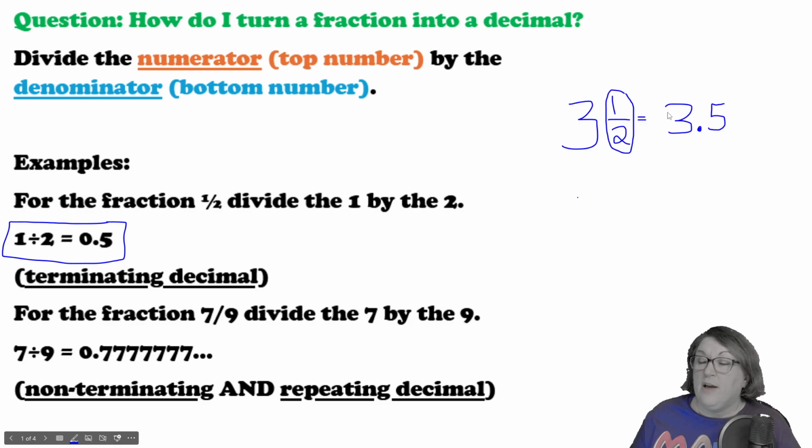So be aware of mixed numbers as well, and don't get confused by them. Just take that whole number, place it to the left of the decimal, and then all the digits you find by your division, write them to the right of the decimal.